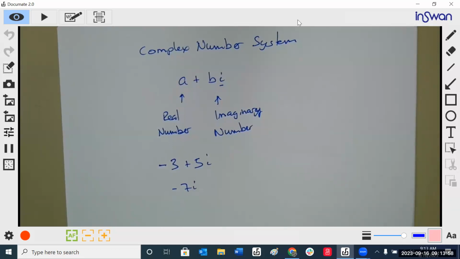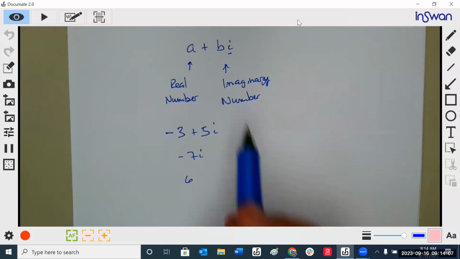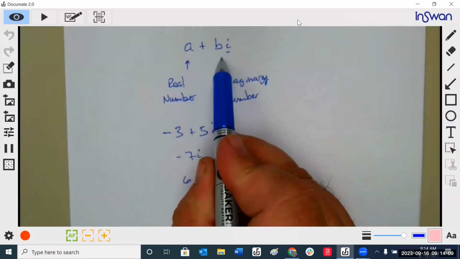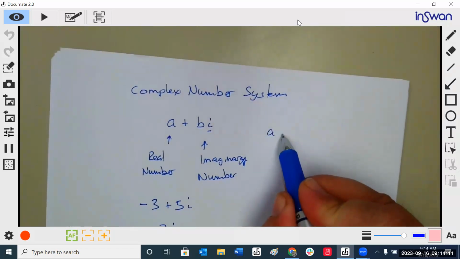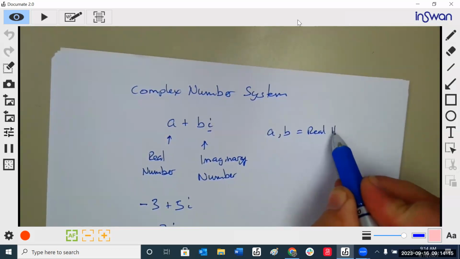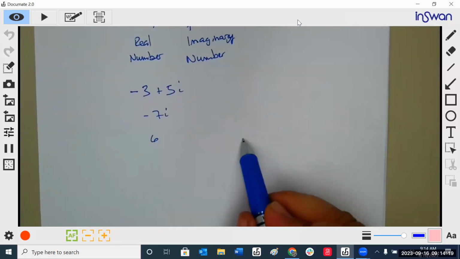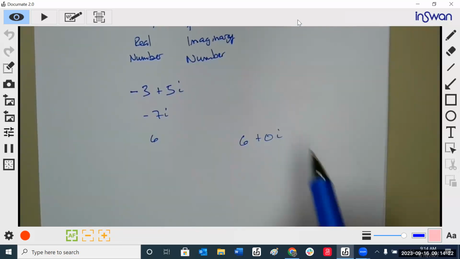-7i, that's a complex number. Or 6, that's a complex number. Because as long as it can be written like this, where A and B are real numbers, 6 can be written as 6 plus 0i.